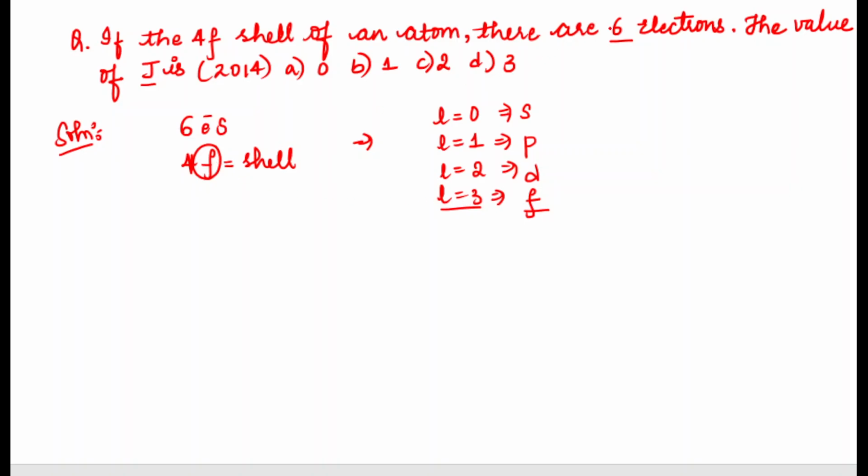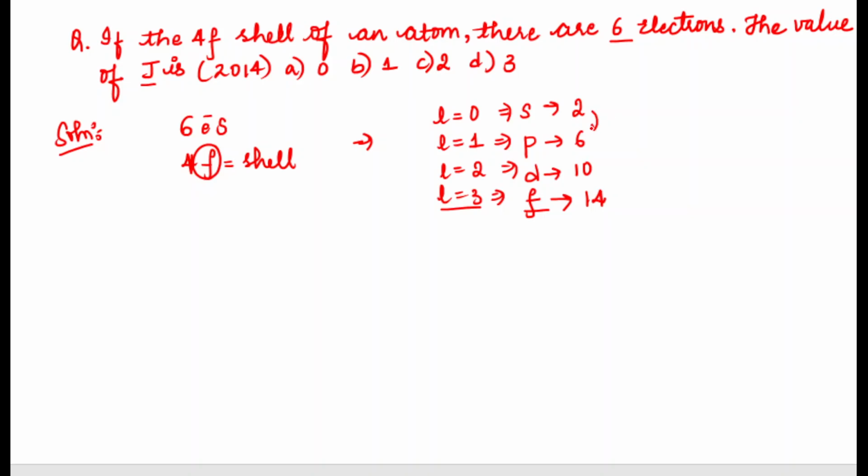Now, here it has 6 electrons. What is the maximum capacity of this F shell, the maximum number of electrons it can accommodate? That is 14. According to the electronic configuration, S shell accommodates 2, P accommodates 6, D accommodates 10, and F accommodates 14. G accommodates 18, like that it goes on.